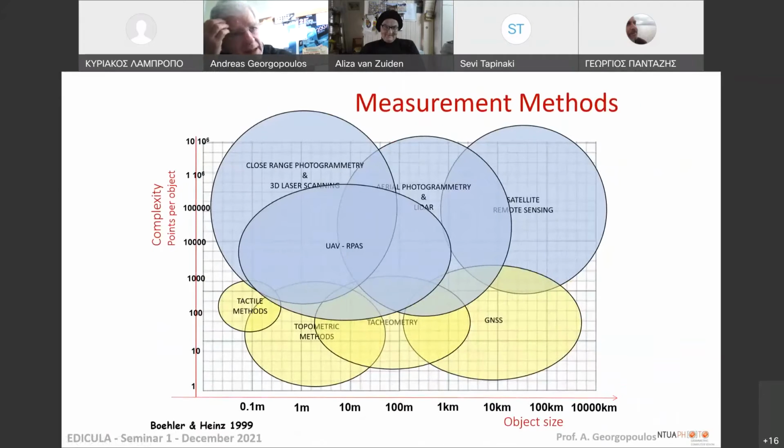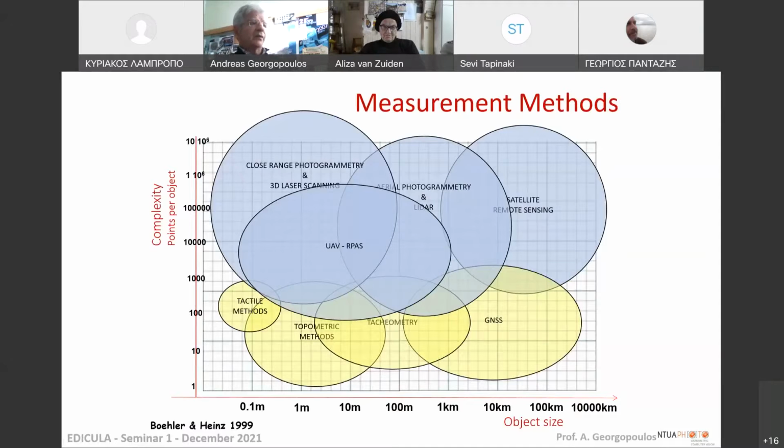Now, in this diagram, I have put all the methods that we have available in a system that on the x-axis is the object size. So the further to the right we go, the bigger the object is. Like at the end is perhaps the Earth, or a planet.